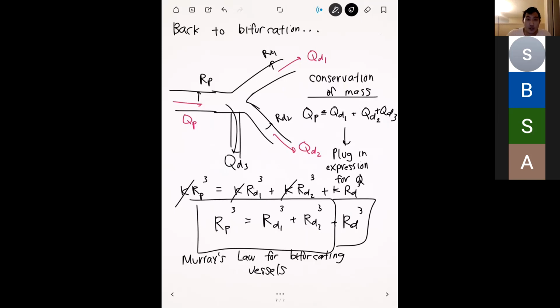Okay. So this is Murray's law right here, and this is the most ideal relationship for vessel bifurcating. But in reality, real blood vessels don't follow this exactly. The reason is, if you remember, to get here we had to use a lot of the results from our Navier-Stokes equations, and we had to apply a ton of assumptions on our Navier-Stokes.